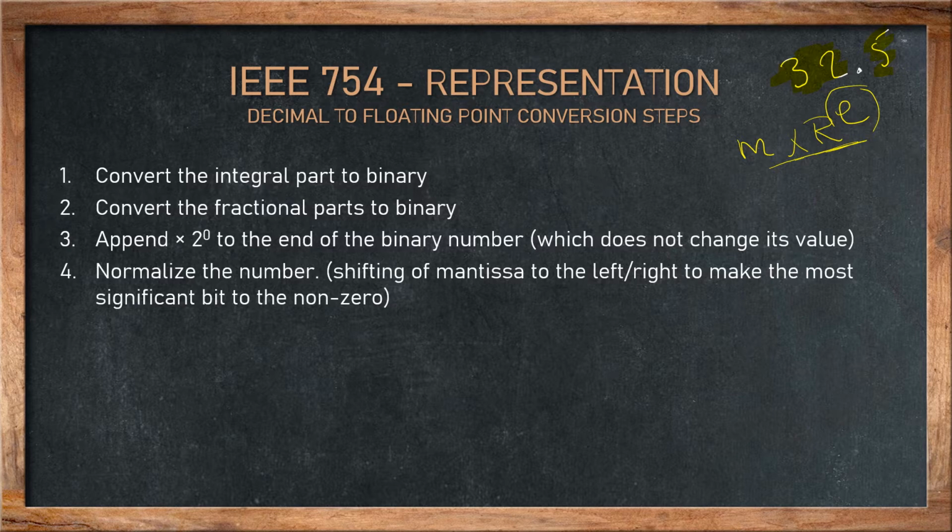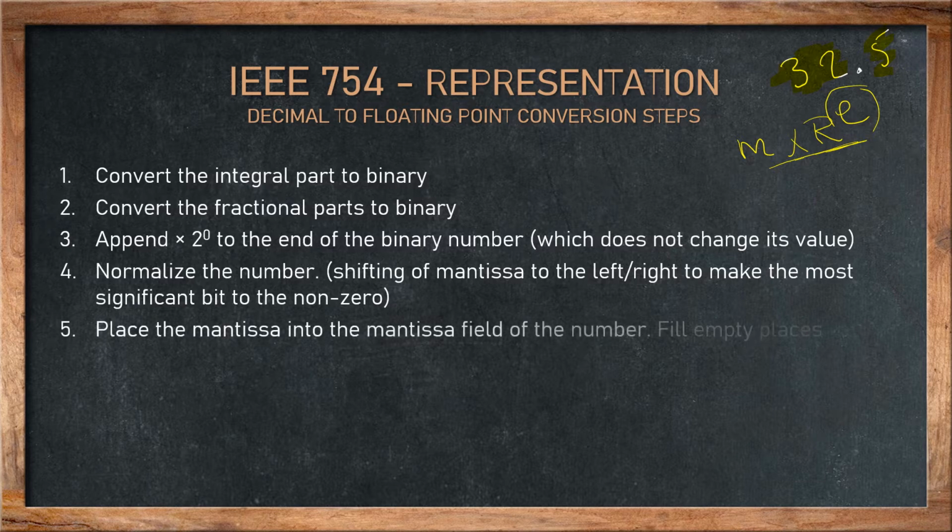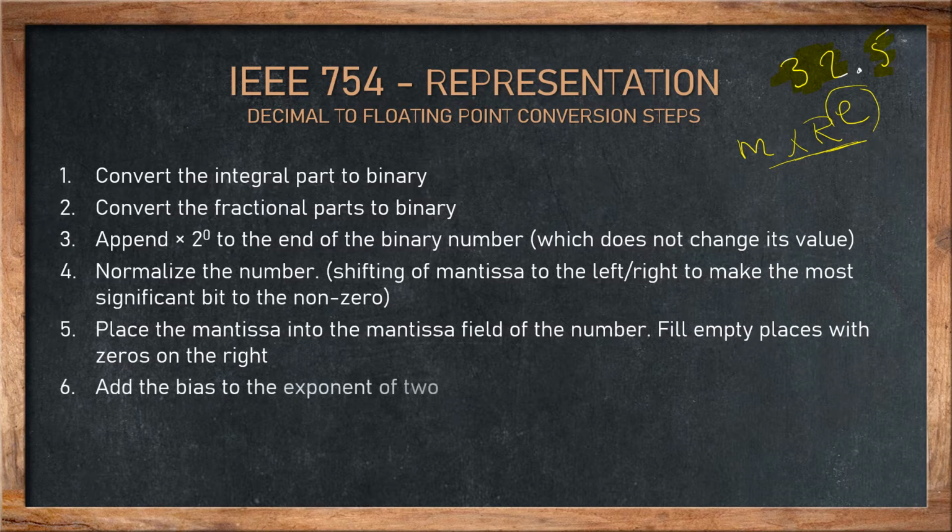So this is the next step. After getting your normalized number, identify the mantissa, the sign bit, and the exponent value. Simply place the mantissa in the right place. Then, whatever exponent you get, add the bias value to it, and after adding the bias value you will get a decimal number.